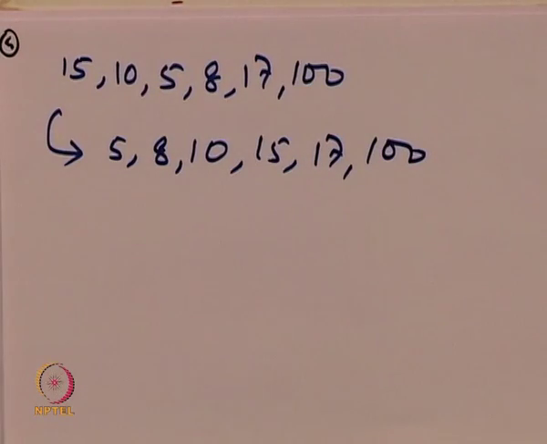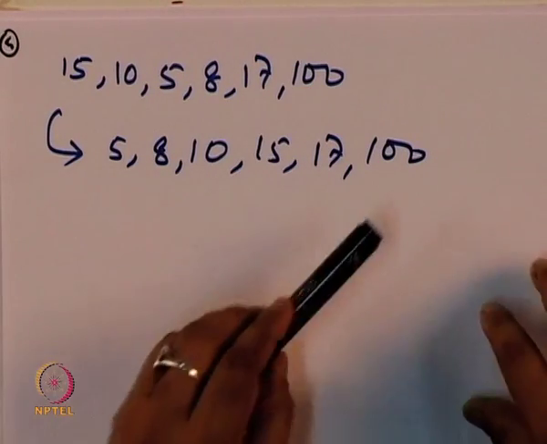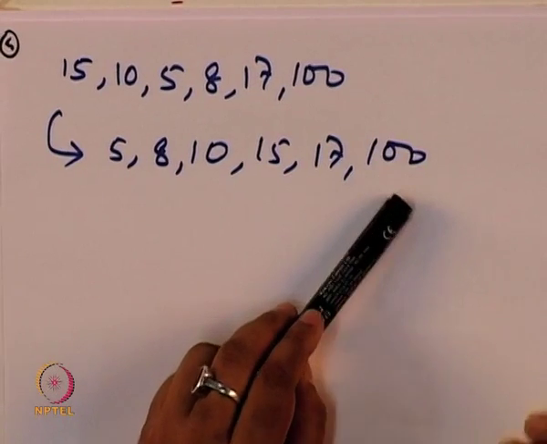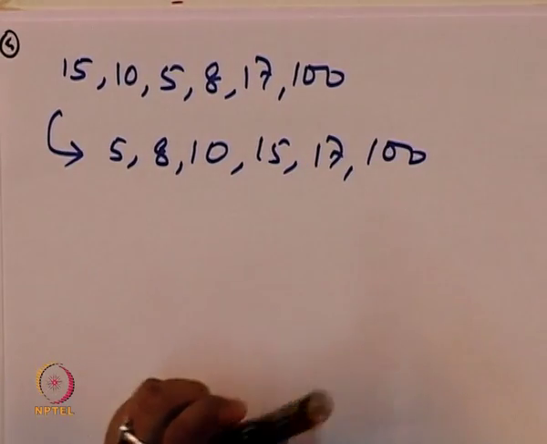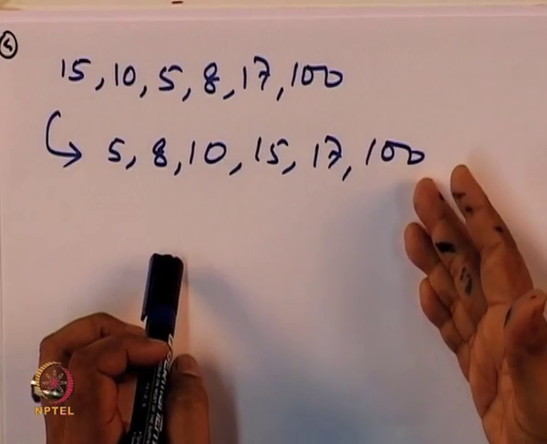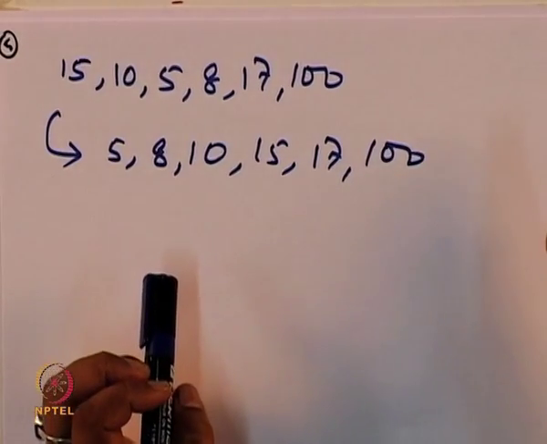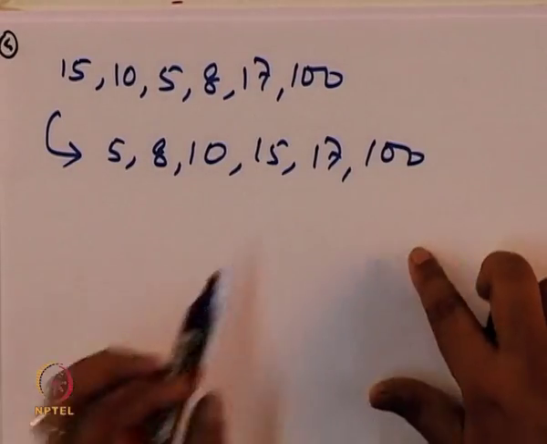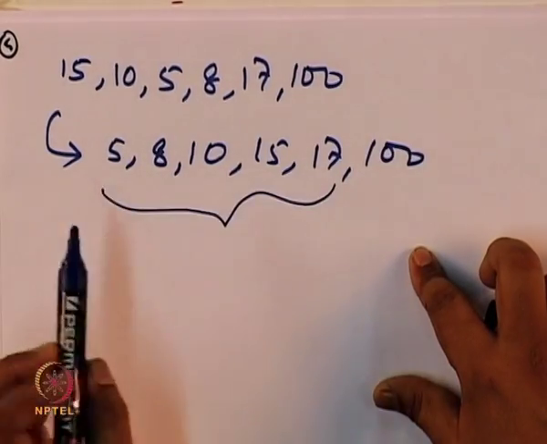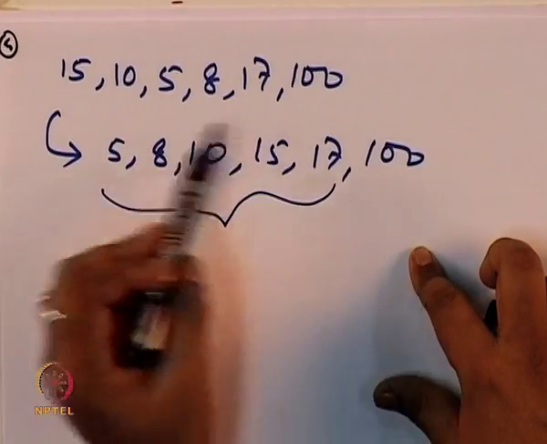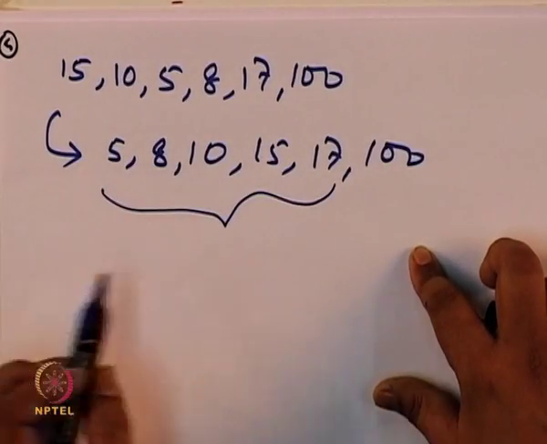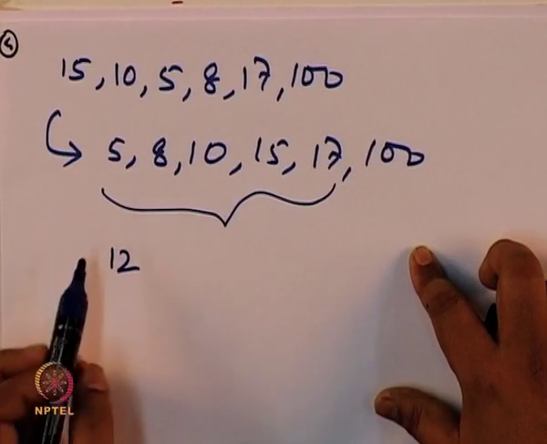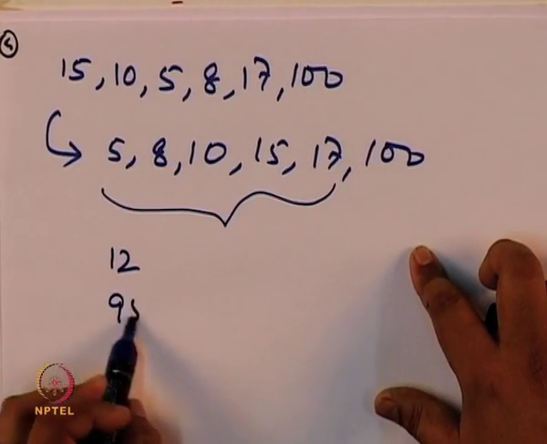But just by looking at the data, I can clearly see that the number 100 is really an outlier. In other words, outlier means maybe this data was taken when there is some error in the procedure of acquisition of data, some experimental error, because I can see that the other numbers are much closer to each other. So, here my 5 to 17 range is 12 only, right. So, 17 minus 5 is 12 versus 100 minus 5 is 95.